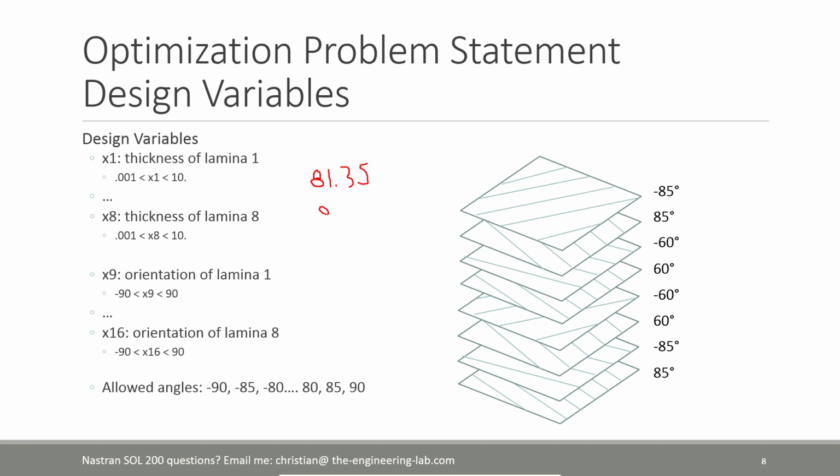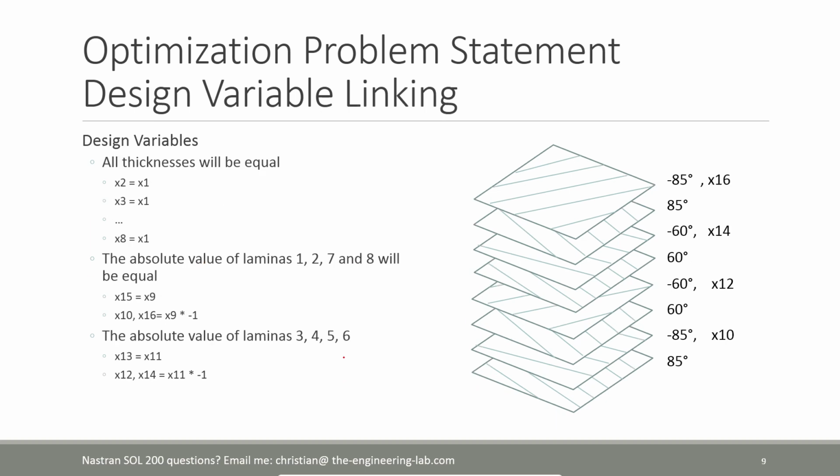So here we're going to impose a requirement that says, if you do end up at a ply like this, perform an operation to land on a ply like this, 80 degrees. Alternatively, you can land on something like 85 degrees. So here, this is what is called discrete values. And I'll show you how to set this up in the optimizer in a moment.